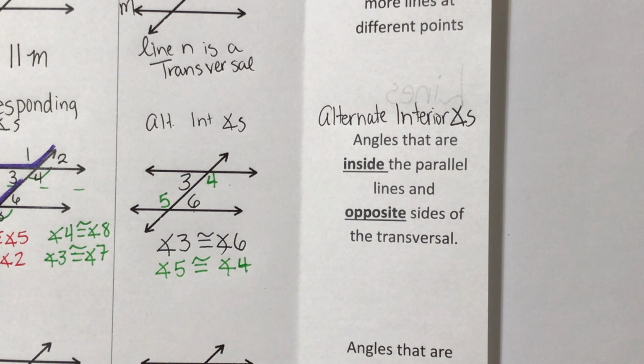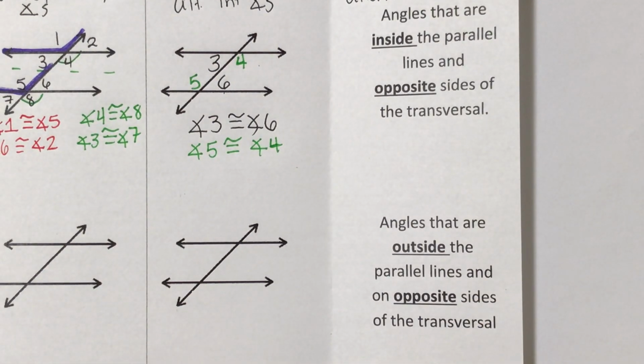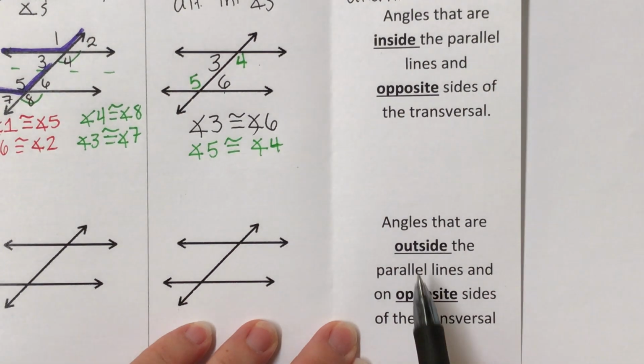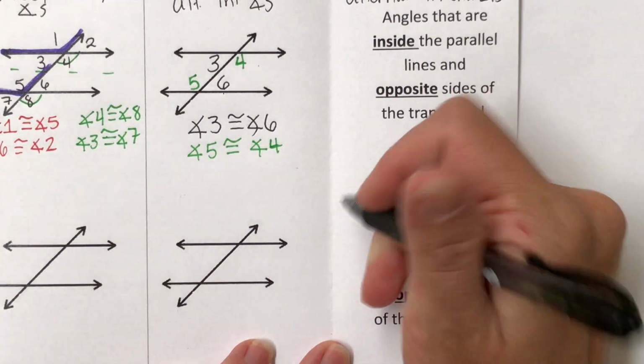So if we have alternate interior angles, then we also are going to have alternate exterior angles. So alternate exterior angles are angles that are outside the parallel lines and on opposite sides of the transversal.